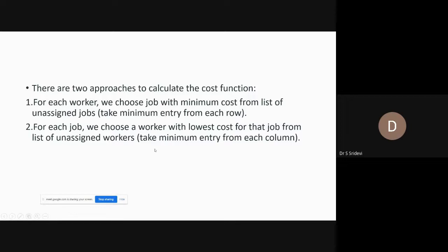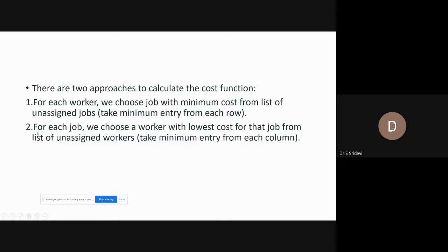If you go with the second approach, for each and every job we are going to consider. The first approach is that according to the work, you are going to allocate the person. So this is a table; in the table you have job and person information. We go with the first approach: for each and every person you allocate the job.